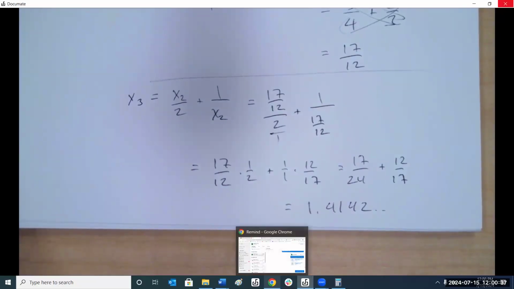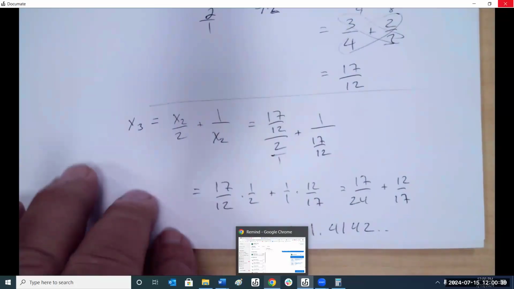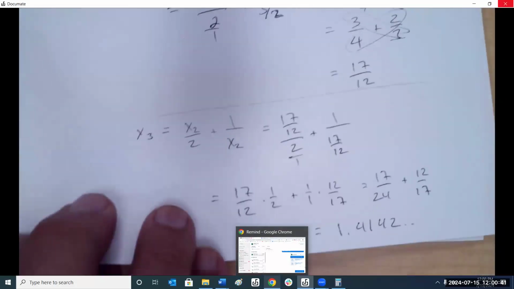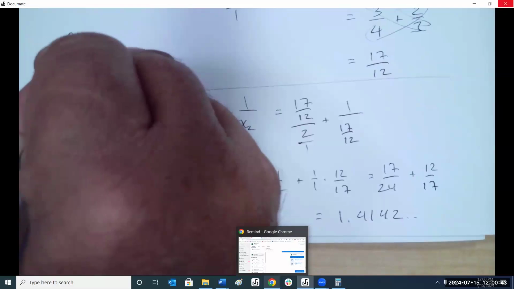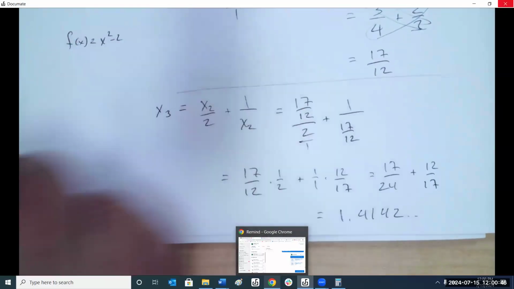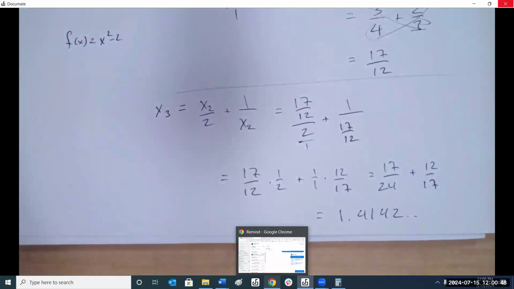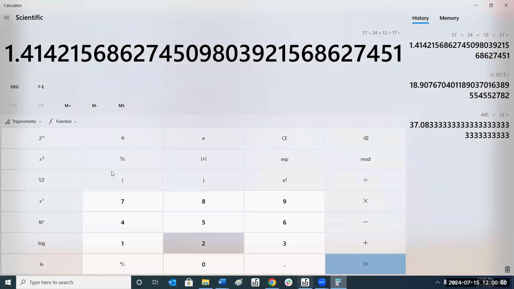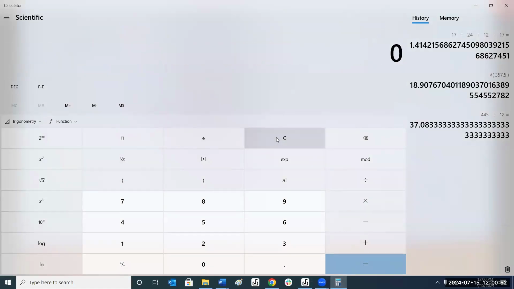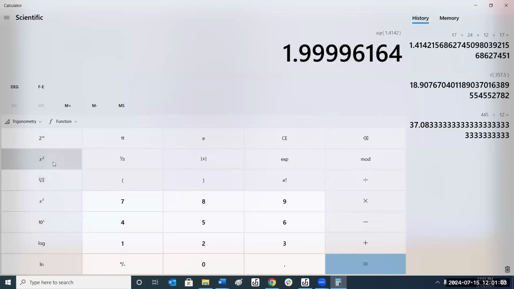Okay, let me check something out here. What was the original function? It was x squared minus 2. 1.4142 squared minus 2.